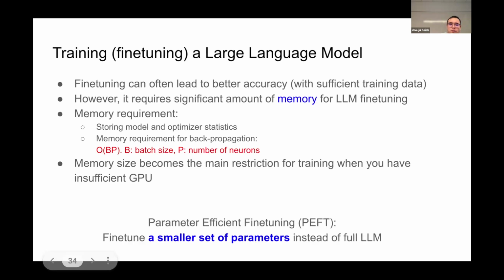So there's a line of research to overcome this challenge called parameter efficient fine tuning. The main idea is that instead of fine tuning the whole language model, I want to fine tune a smaller subset of parameters, so the training requires much less memory and I can run this with a much smaller GPU, even in academia.